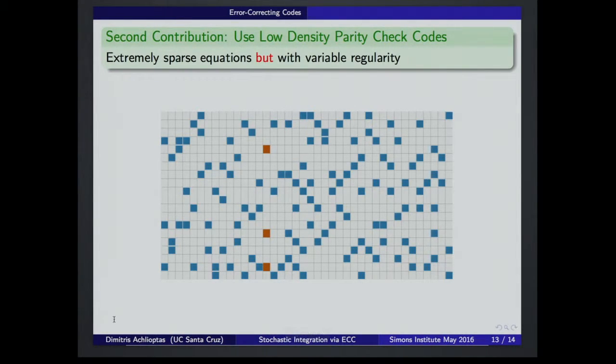Imagine, for example, that I have some solution out here, and then I go and I flip a single bit. So I used to have a code word. I flip a single bit, as a result of which each of the equations in which this bit participates is violated. It's a parity equation. As soon as you change a single bit, it has to be violated.